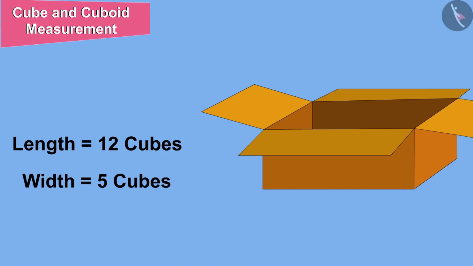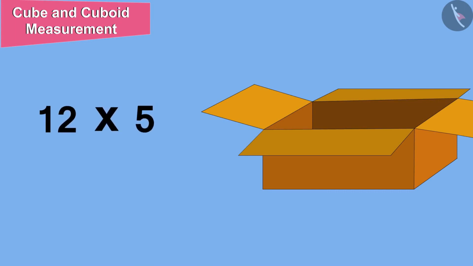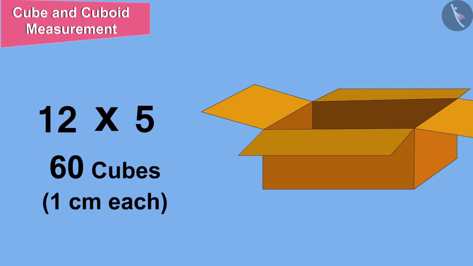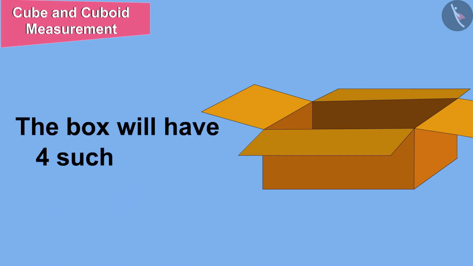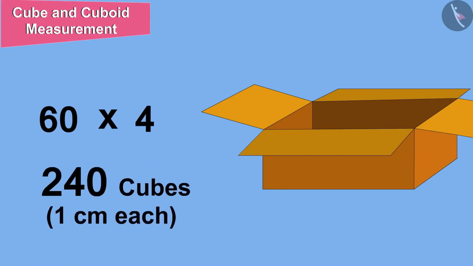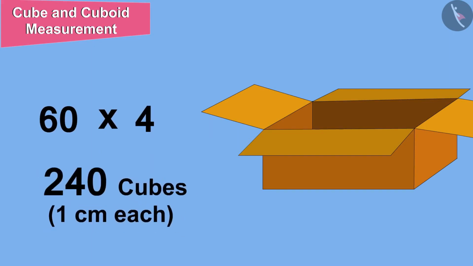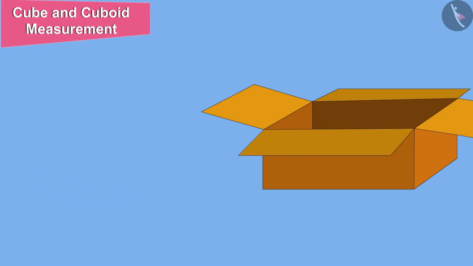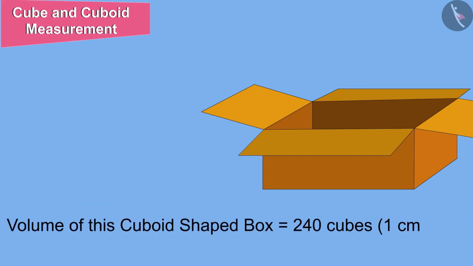Therefore, one layer of cuboid-shaped box will have 12 times 5, 60 cubes of dimension 1 centimeter each, and because the box will have 4 such layers, the box will have a total of 60 times 4, 240 cubes of dimension 1 centimeter each. In other words, the volume of this cuboid-shaped box will be equal to 240 cubes of dimension 1 centimeter each.